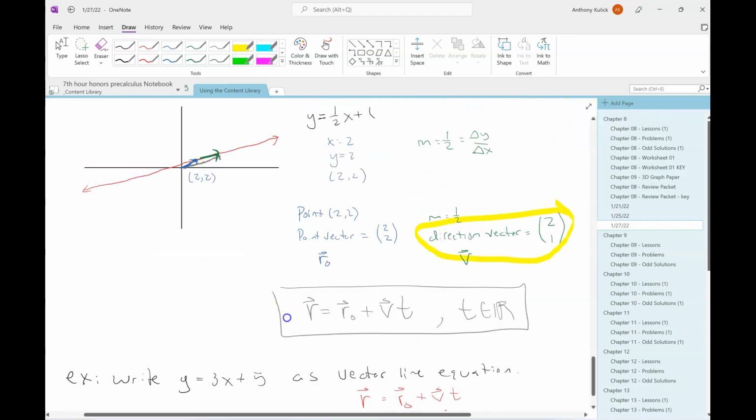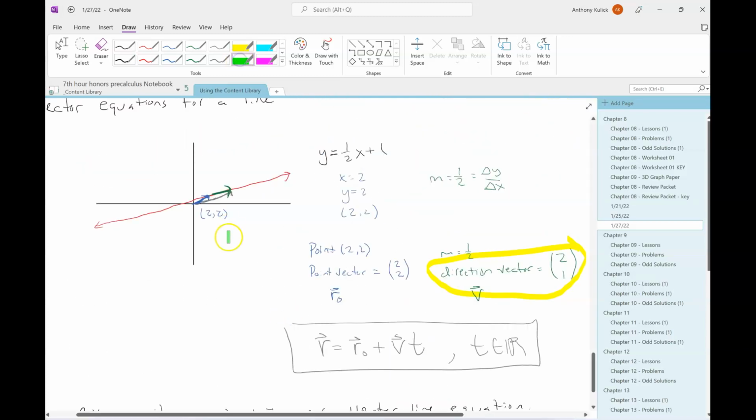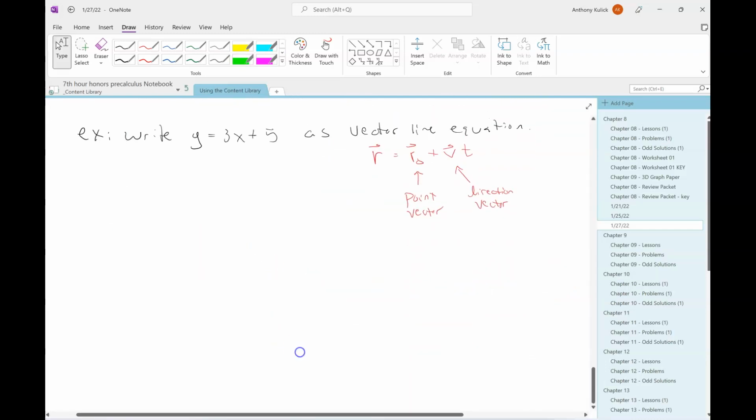If we go back to this picture we drew before, was there anything special about this point 2, 2, other than it was on the line? No. So any point on the line will be good enough for us to create a point vector from. So what's a point that is on that line, y equals 3x plus 5? 0, 5.